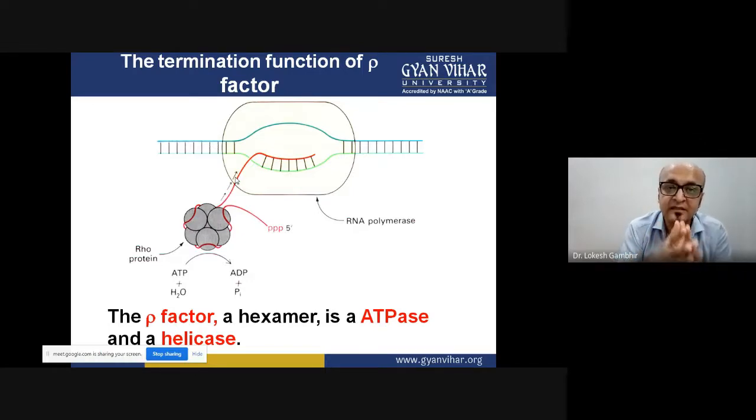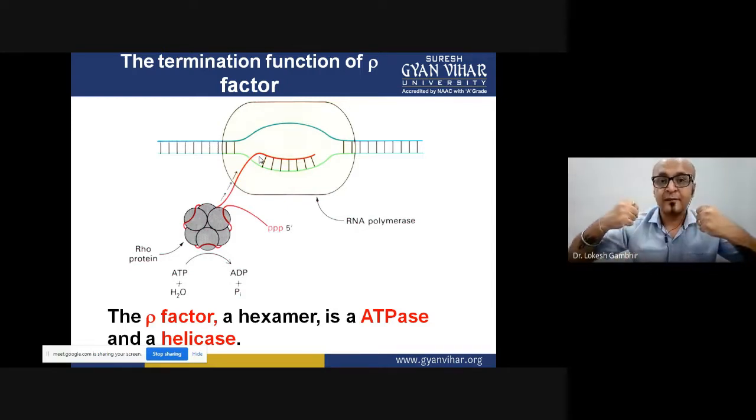Once it reaches the transcription bubble, remember, it is a helicase. It will open up the double strand. Where is the double strand? The double strand is between the produced RNA molecule and the already available template DNA. So it will perform the ATPase activity, hydrolyze the ATP, gain the energy, and with that energy, it will open up the RNA DNA complex.